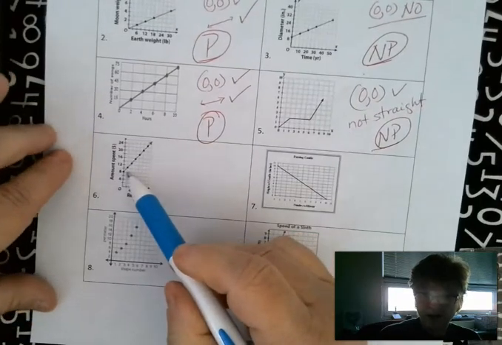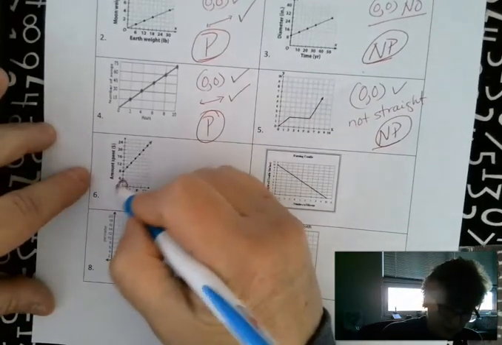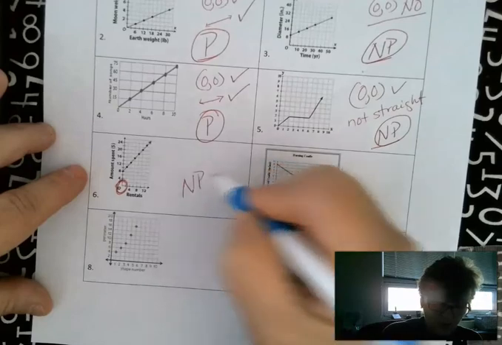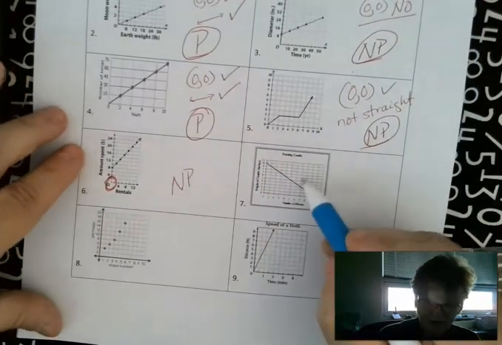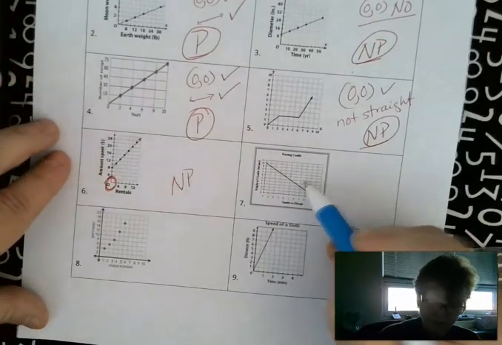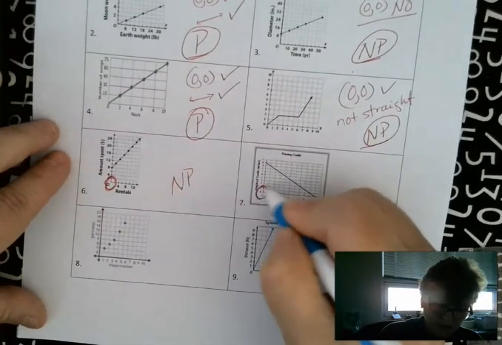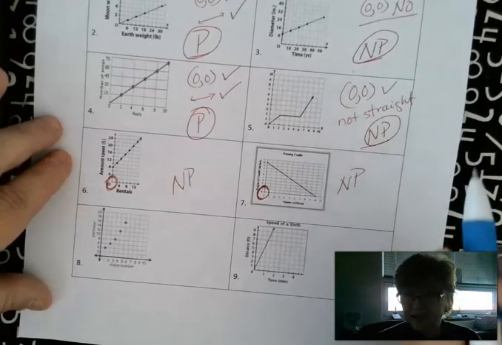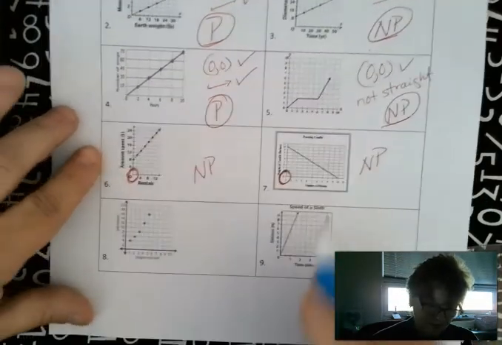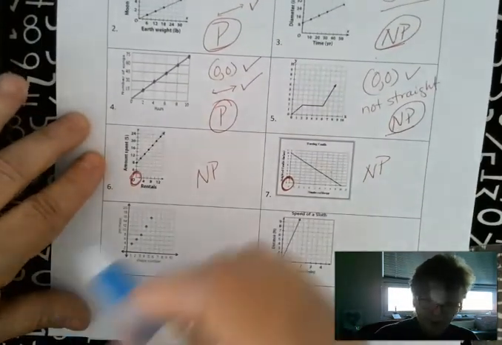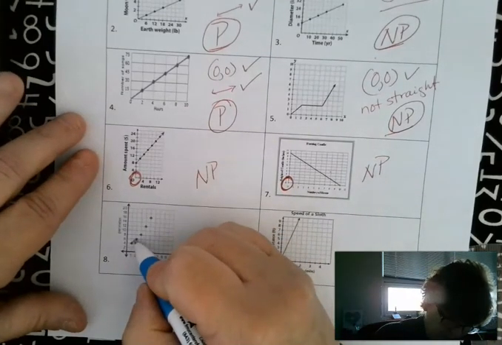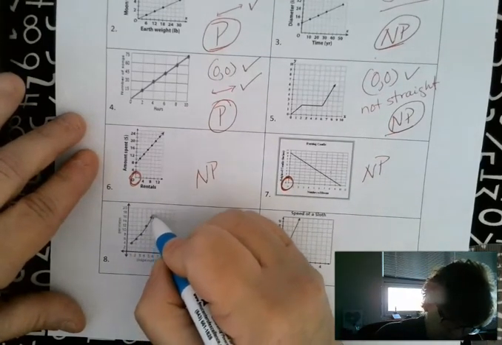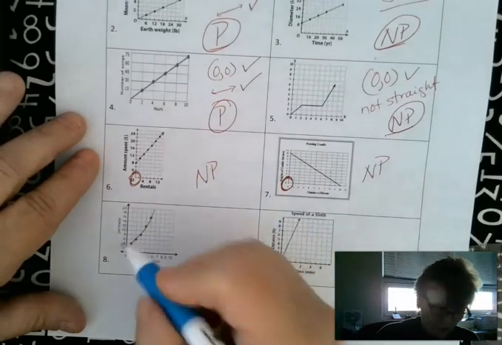Okay, here, I'm not at 0, 0. So it's non-proportional. Here, again, remember, not at 0, 0. So it is non-proportional. It's that easy, folks. Down here, okay, if we connect, are you seeing that it's getting a curve?